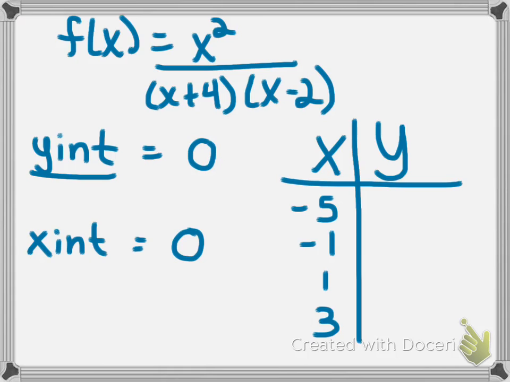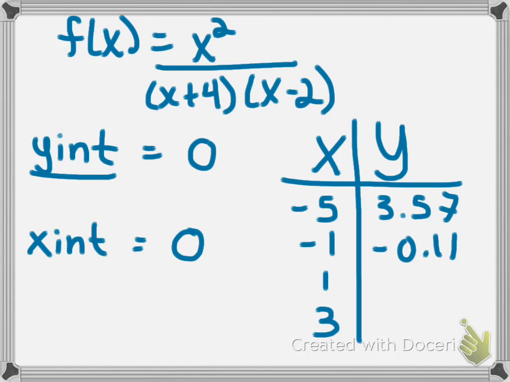When I plugged in -5, I got 3.57. Okay. And then when I plug in -1, let's see what I get when I plug in -1. In this case, I got -0.11.